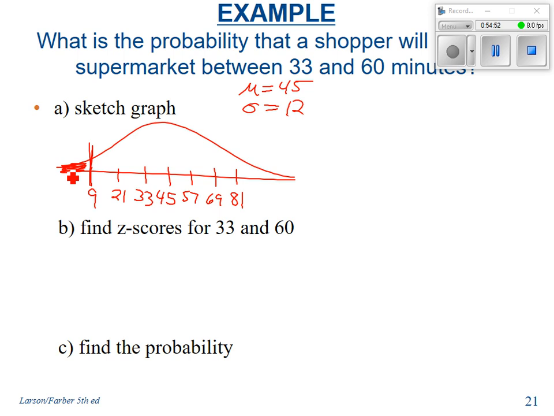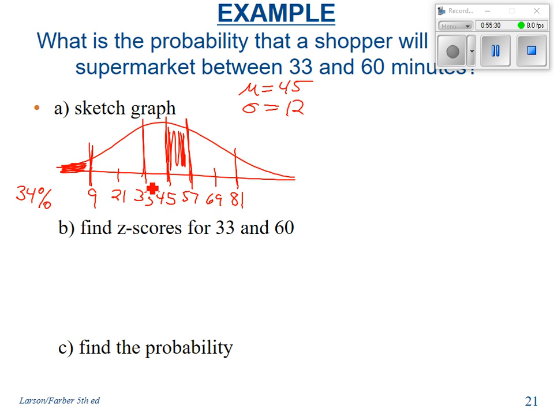What's the probability that somebody's going to be in there more than 81 minutes? What do we know about it? Very unlikely also. Without going through and actually doing the math, does anybody remember what's the probability that they're going to be in the store between 45 and 57 minutes? 34%, right? 1 standard deviation.